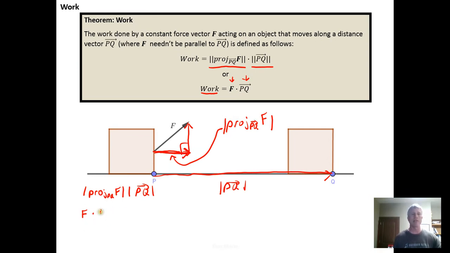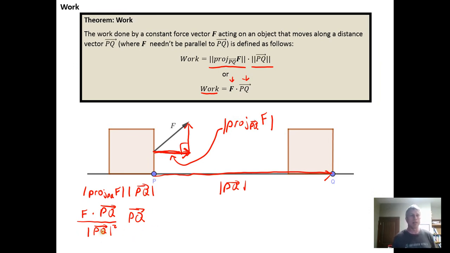Let's see if I can write this a little better. F dot PQ, and then you divide by the size of PQ squared, because we're projecting onto PQ, and then you multiply by the vector PQ, and this gives you your projection. Then we would be multiplying here by the size of PQ.